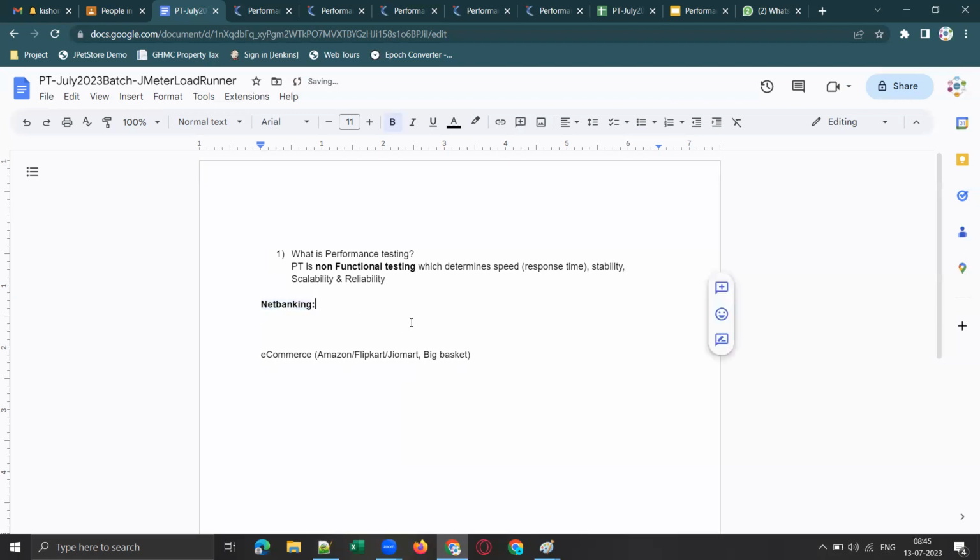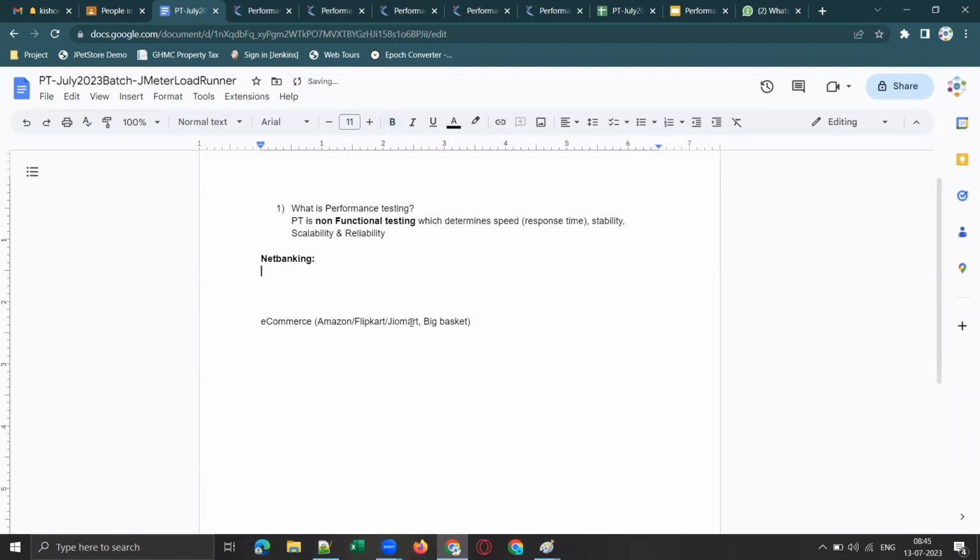So what do we mostly do with a net banking application? Login and check balance. What else?